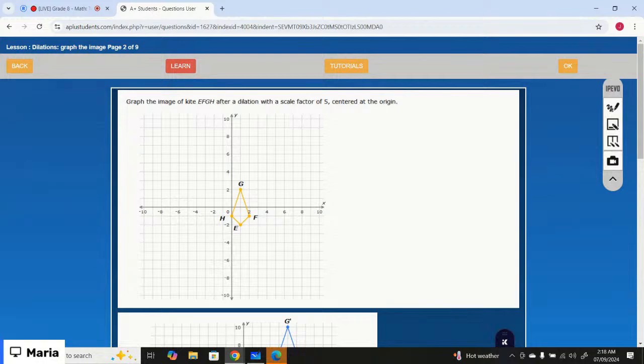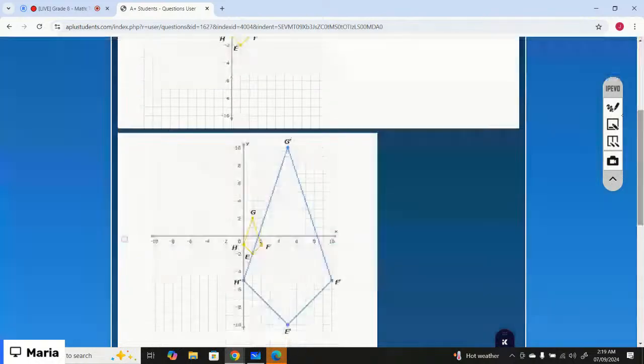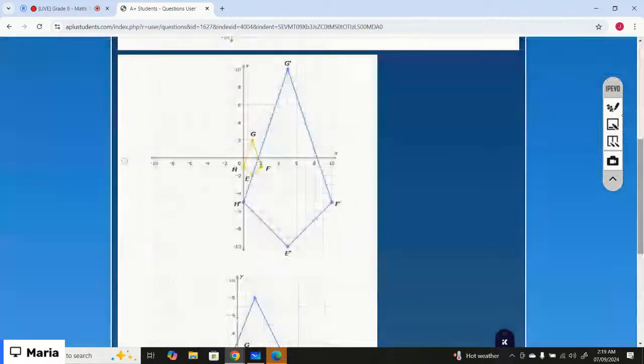Okay, so graph the image of kite EFGH with a dilation with a scale factor of 5 centered at the origin. The scale factor is 5, which is the correct option.